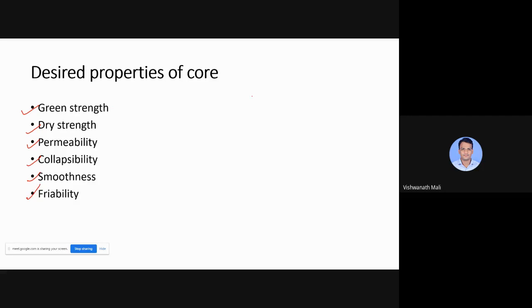And where do we use a green sand core? When the size of the internal feature is very small. Let's suppose it is a very small size. Then sometimes we go for using the core as it is, without heating or baking.